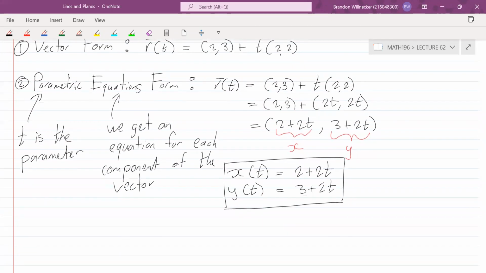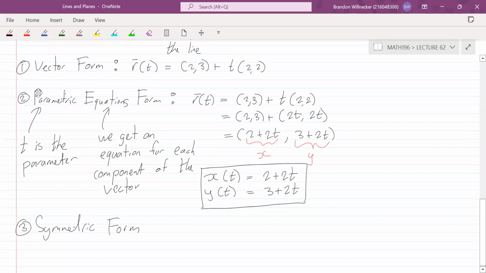And number 3, we have the symmetric form. All of these are just different ways of writing out the same thing. So I've got the vector form, the parametric equations form, and the symmetric form. Depending on what you're trying to do, one of these forms could be better than the other ones.